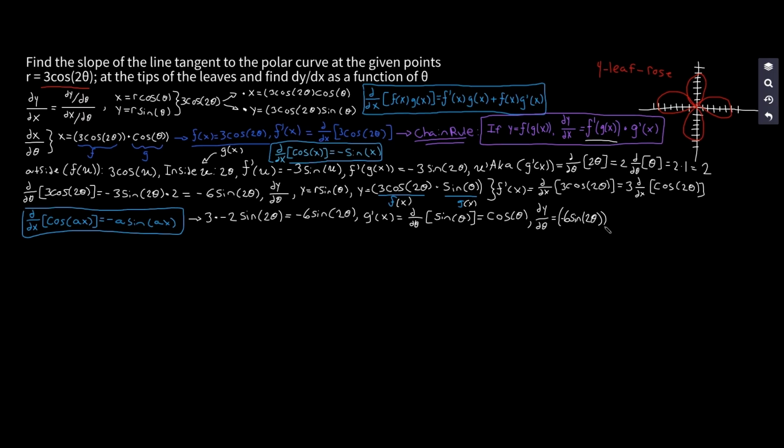And then we have to multiply that to g, not g prime, just normal g. So sine of theta plus normal f, 3 cosine of 2 theta. And then we're going to multiply this times cosine of theta, because that's what our normal g is set to.